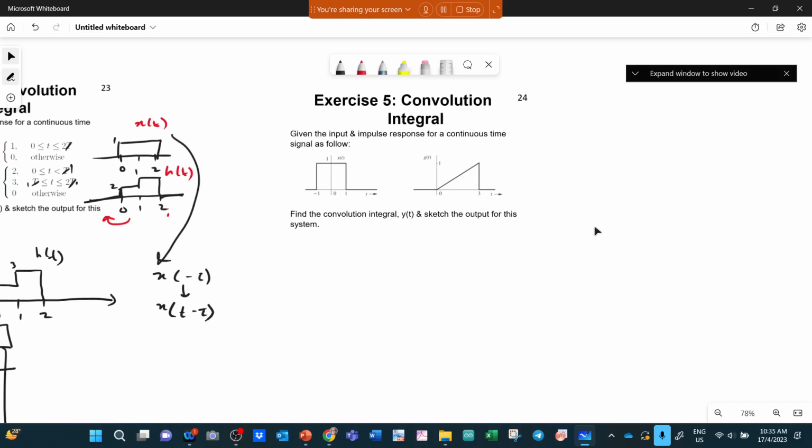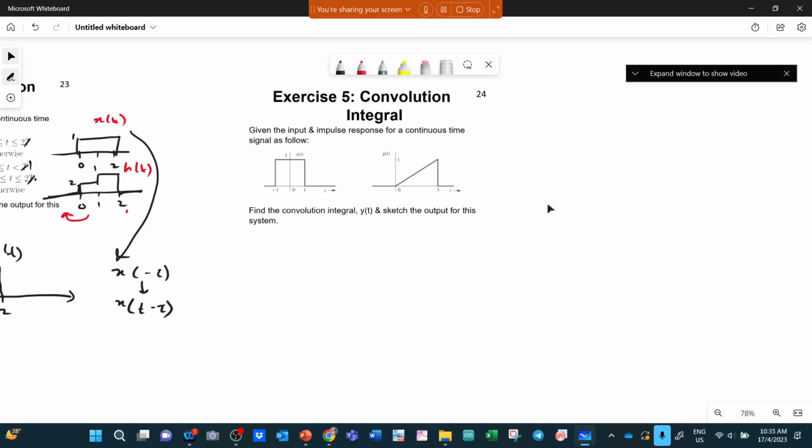Okay. Now we go to a bit more difficult question. This one I want to show because it may come up as examples in the final or midterm. It is not as simple as the square earlier. There will be a ramp in your question. Okay. So in this question, we directly give you the signals: xt and then gt. In this case they call it gt, which is ht.